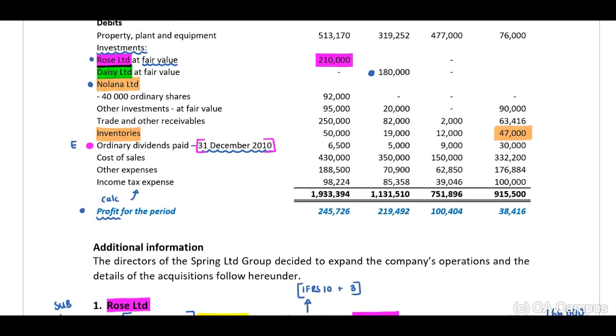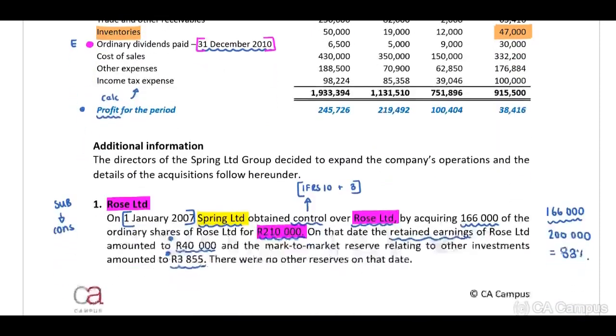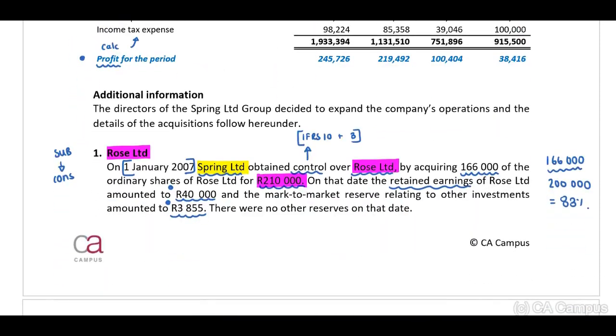They've provided us with a profit, however, you should be able to calculate this. Number 1, on 1 January 2007, Spring Limited obtained control over Rose by acquiring 166,000 shares. Now guys, important, we have calculated this, but remember your marker don't know this.